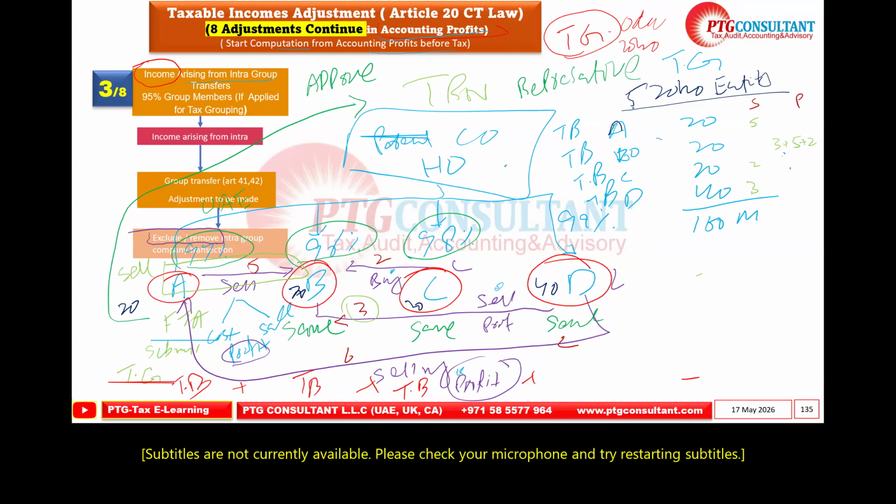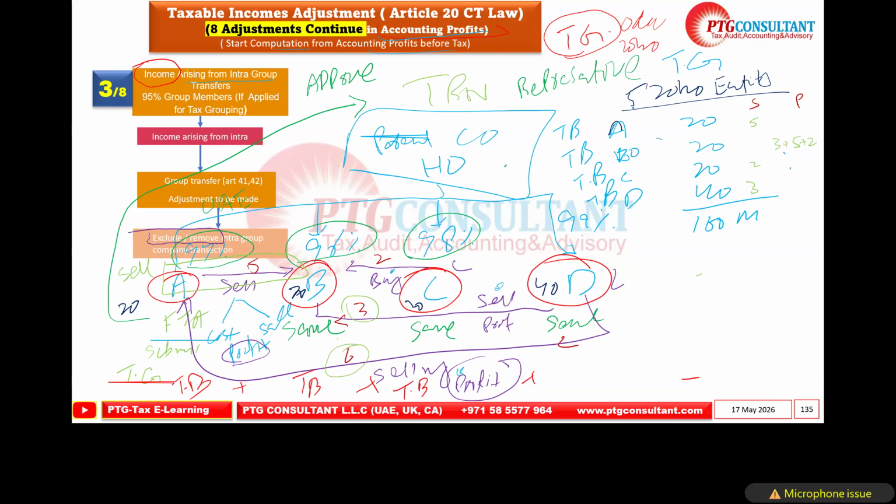So, plus and minus. One side purchases will be out, another side sales will be out. From D to A, how much did we make? 6 million. So here D has another 6 million, and the purchase is by A. The same amount of sale and the same amount of purchase will be eliminated.